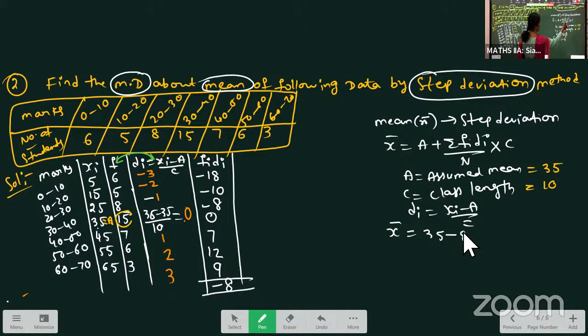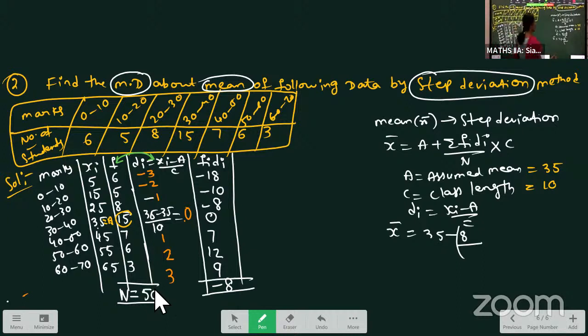-8 by N. So keep a bracket like this. And what is N? N is nothing but the sum of the frequency. So capital N is equal to adding the frequency. 6 plus 5, 11 plus 8, 19, 19 plus 15, 34 plus 7, 41 plus 6, 47 plus 3, 50.